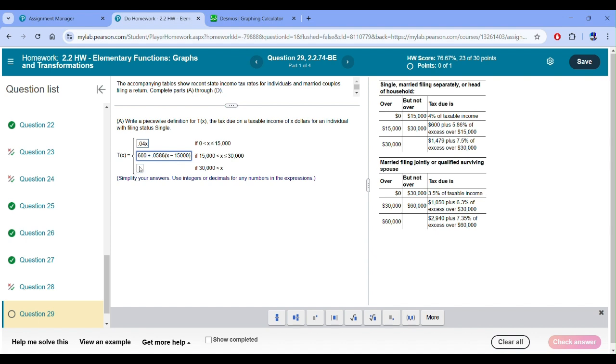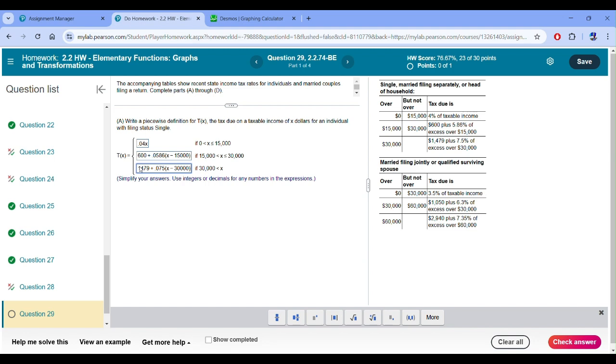And then last but not least, the last one is going to be 1479 plus 7 point, nope, I gotta do 0.075 times anything made over 30,000, so that's gonna be x minus 30, 1, 2, 3.